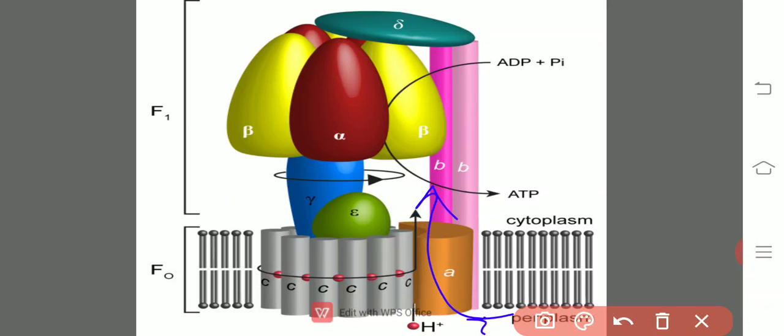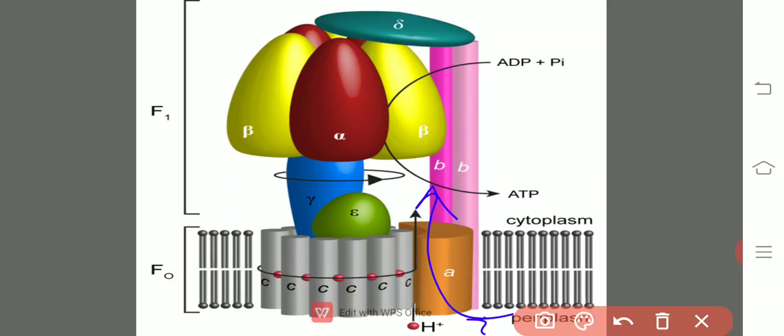There is a flow of protons, otherwise, movement of protons through the proton channel, which is made up of F0. Right? Now, there is a movement of protons from the transmembrane space to the matrix through the proton channel of the F0, which is an integral part of the ATP synthase enzyme.